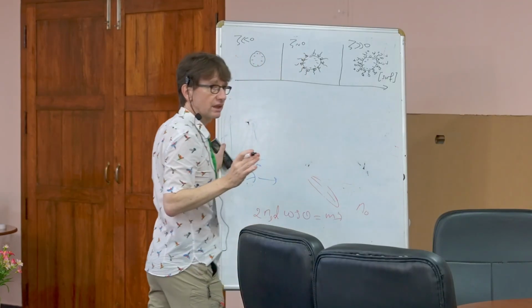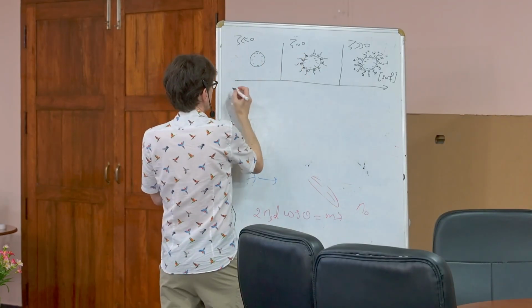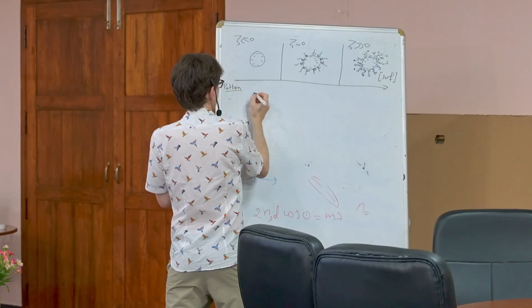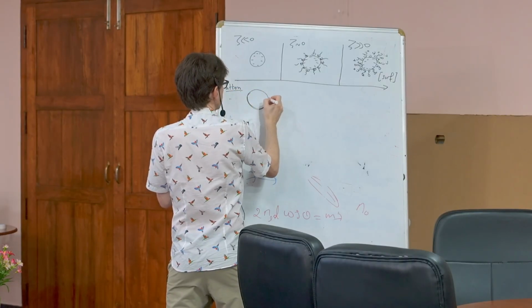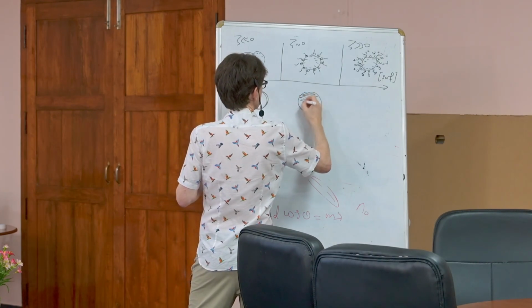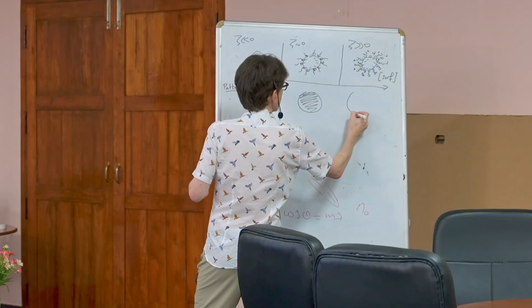So here, when I have the situation, this is my pattern. I have a ring. I have a disk. And I have a ring.